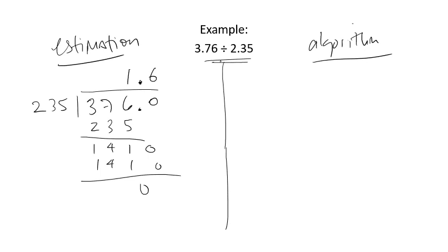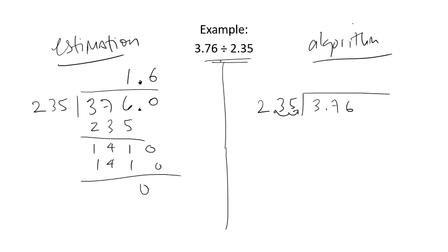If we go to the algorithm, the way that you probably learned this and the way that I learned it when I was a child, 235 dividing into 3.76. So we know that this decimal point needs to move as many places as necessary for the divisor to become a whole number.